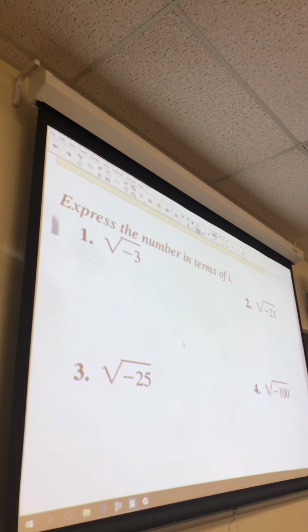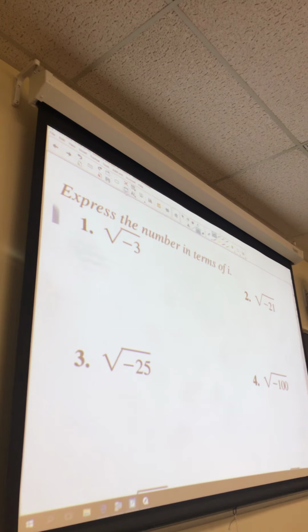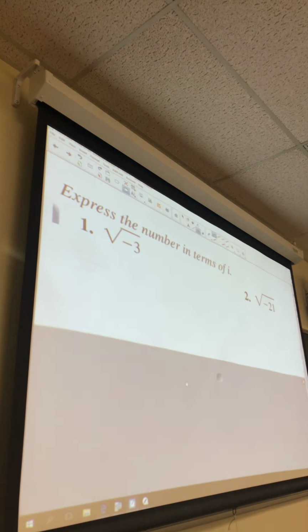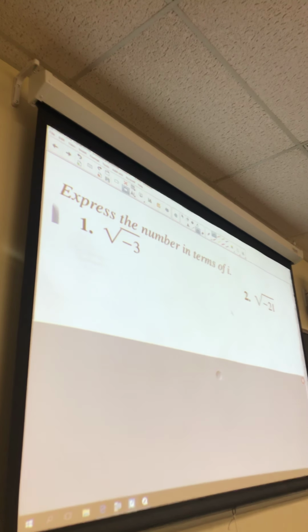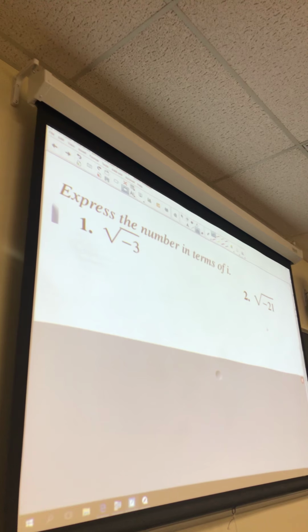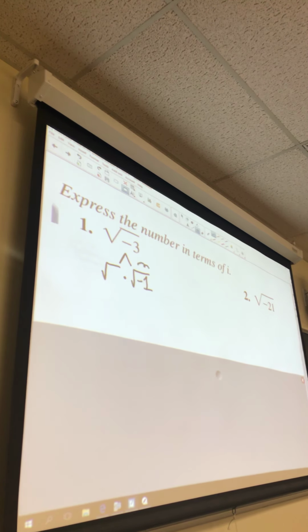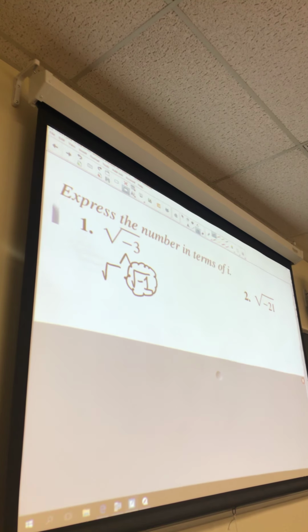Alrighty. And so when we have some of these numbers and we want to simplify them, rewrite them with the i, what we're going to be doing each time is thinking of it as some square root times the square root of -1. Because that way I know this has the nickname of what? i.